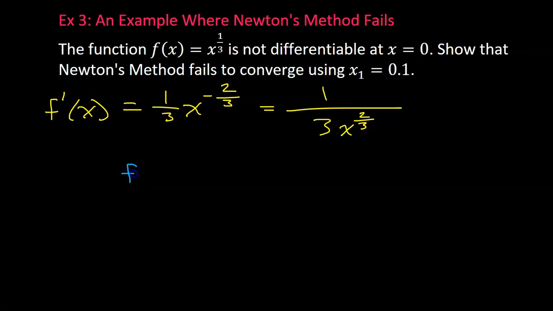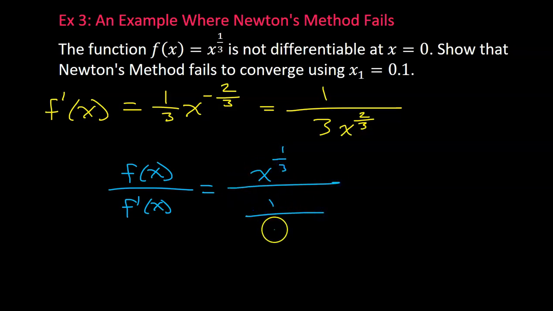Remember the part of Newton's method where we do f of x over f prime of x. So in this case, that would be x to the 1/3 power divided by 1 over 3x to the 2/3 power.